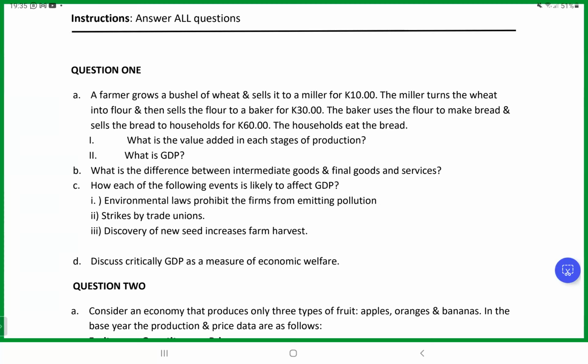Okay. So what is the difference? What do you think could be the difference?